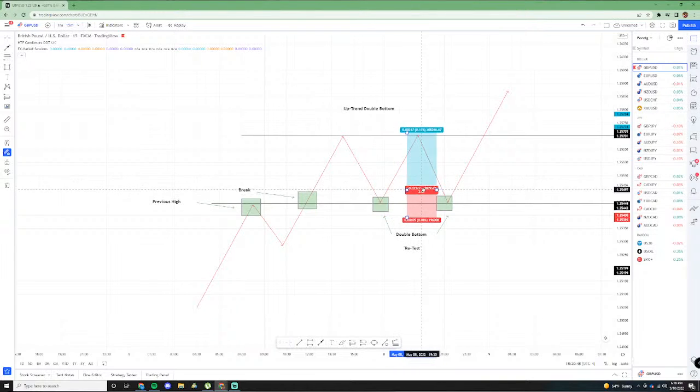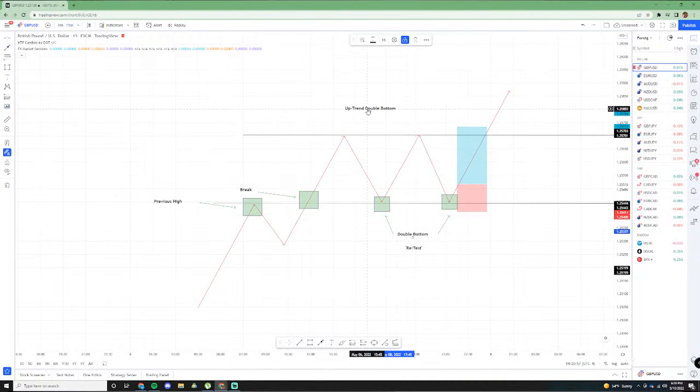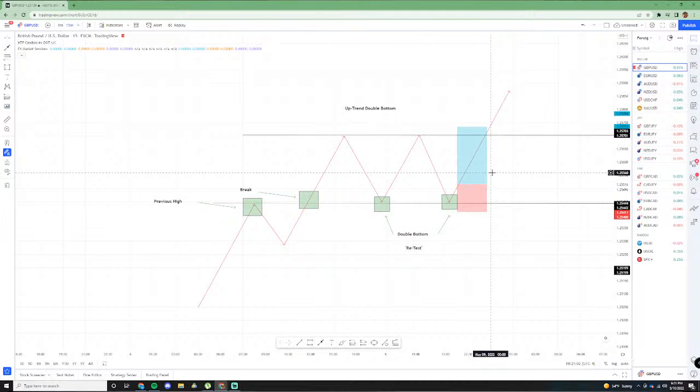Or what some people like to do is wait for additional confirmation and wait for a double bottom, because we're in an uptrend, to be formed before taking their trade. Yet again, an extremely simple but effective pattern.